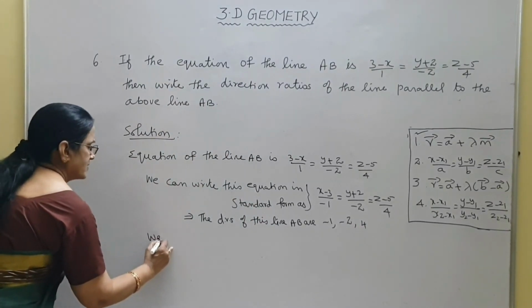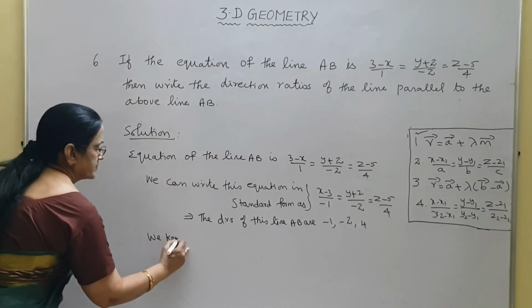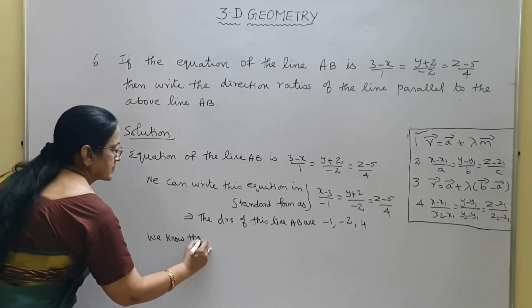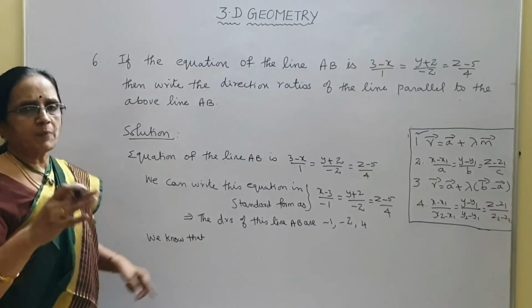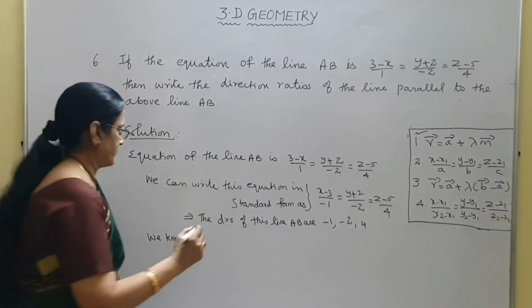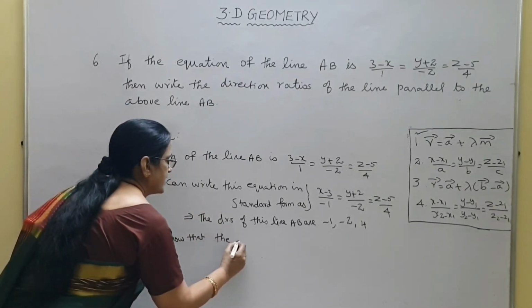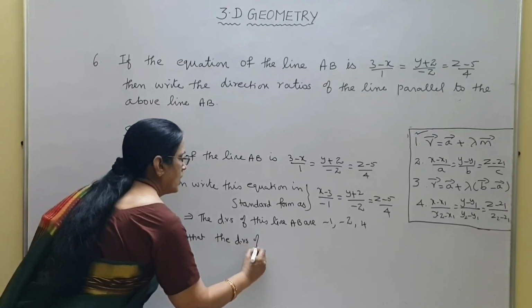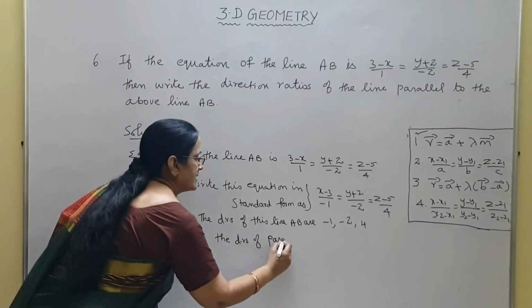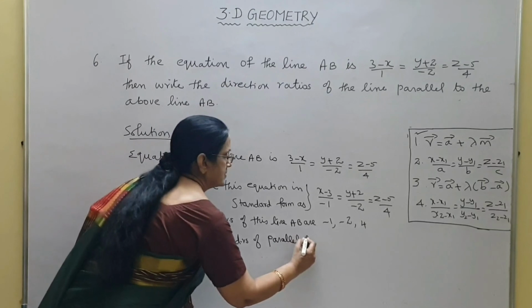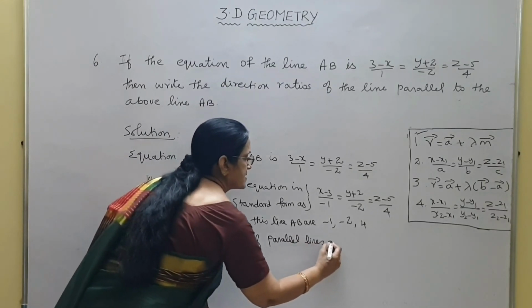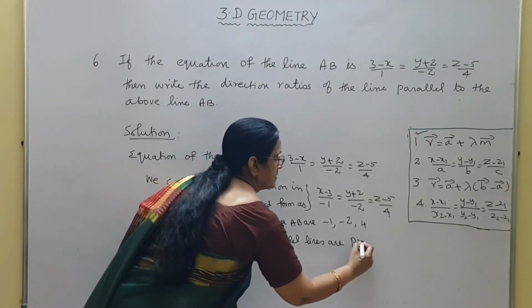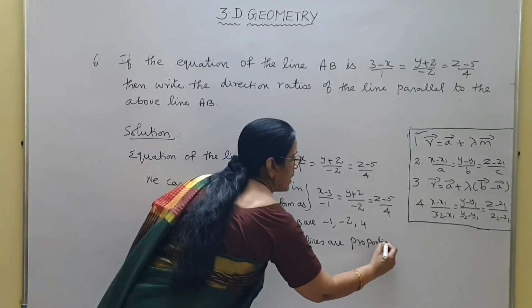We know that the DRs of the parallel lines are proportional. The direction ratios of parallel lines are proportional. Very important point. You have to write it.